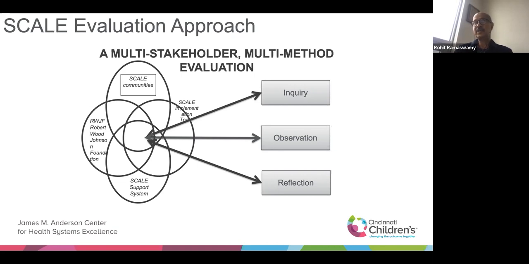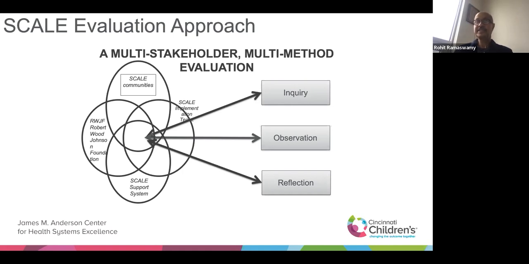And we had three different modes of collecting data for evaluation. Traditional inquiry: surveys and focus groups and the kinds of things that evaluators do, to collect both quantitative and qualitative data about the progress of the program.